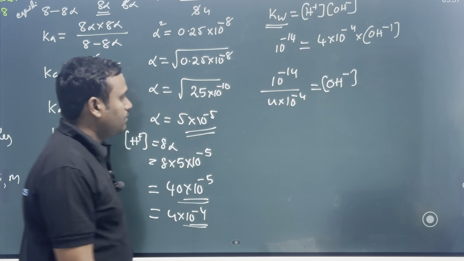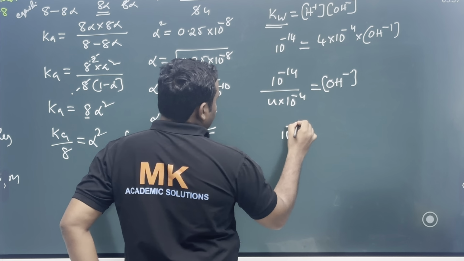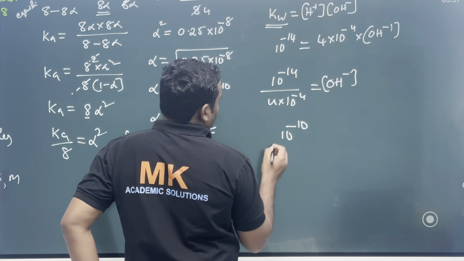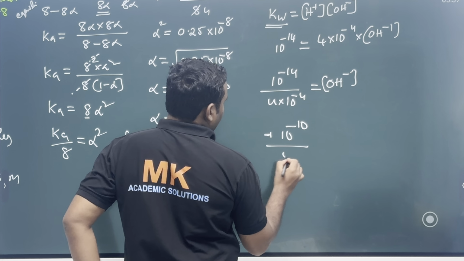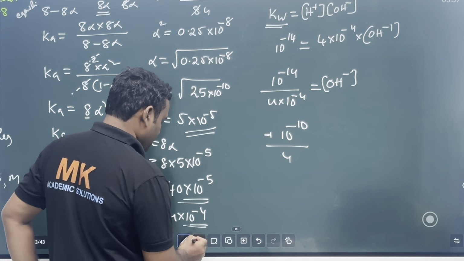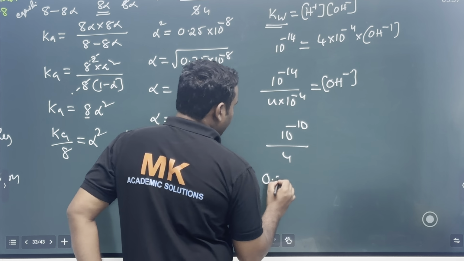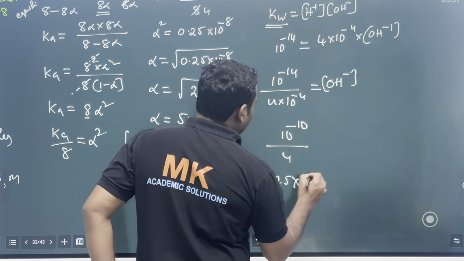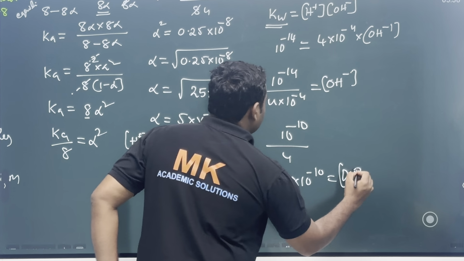Okay. So now 10 to the power of minus 10 by 4, what can we write here? 0.25 into 10 to the power of minus 10, that is the OH minus ion concentration.